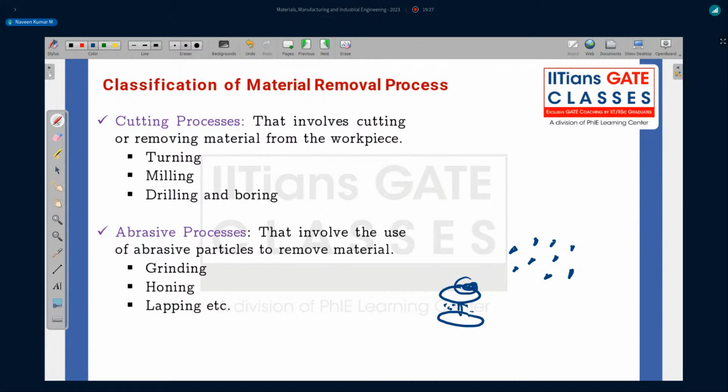Through that rotation, you get abrasion, and because of that abrasion, the abrasive particles will remove the material. If you do not understand this, no problem. We're going to discuss that in the coming slides. And next, another example for an abrasive process is lapping. Okay, good.